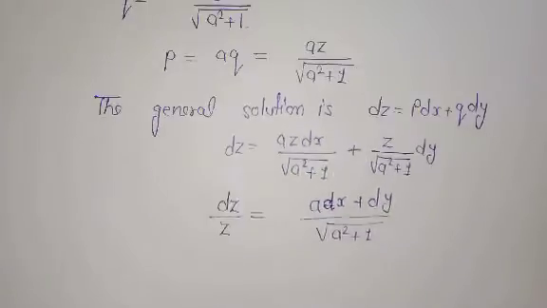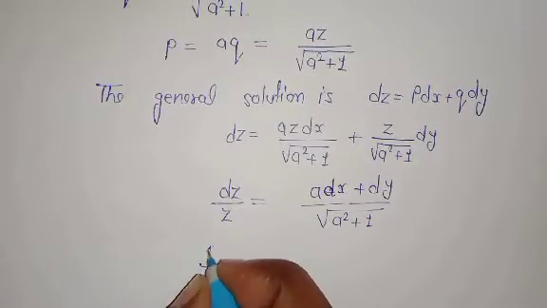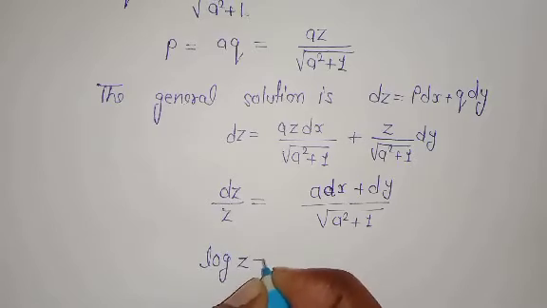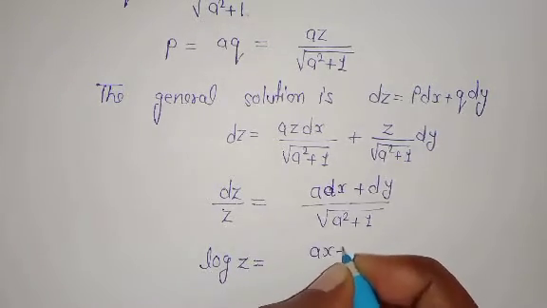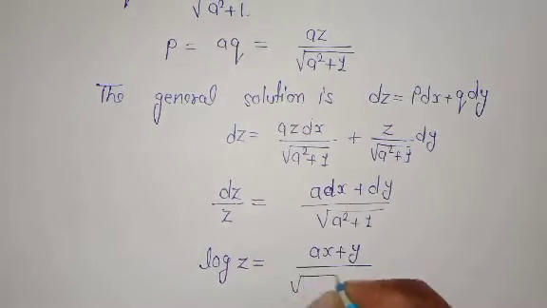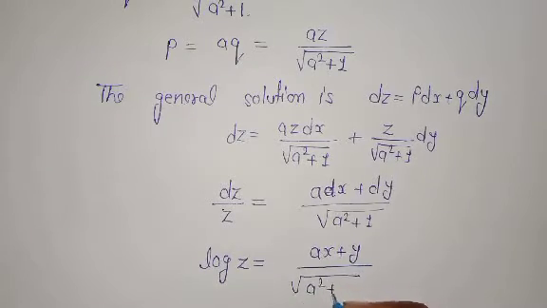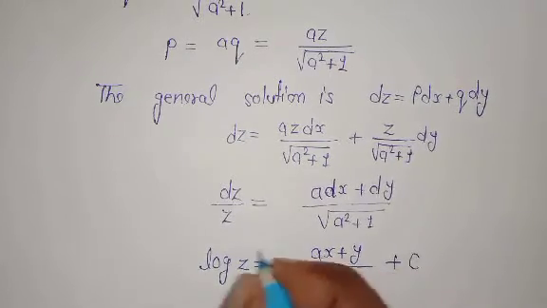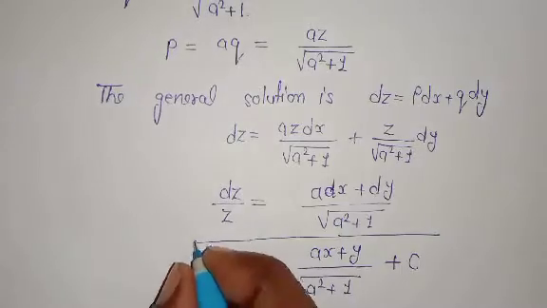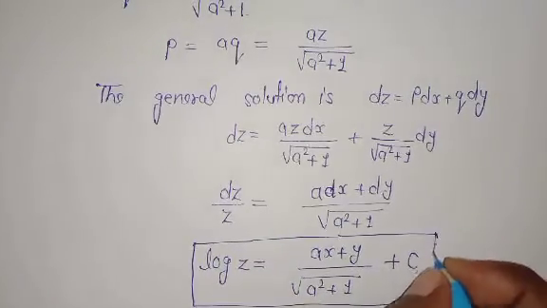On integrating, we get log z is equal to (ax plus y) by root (a squared plus 1) plus integrating constant c. So this is the required general solution for this question.